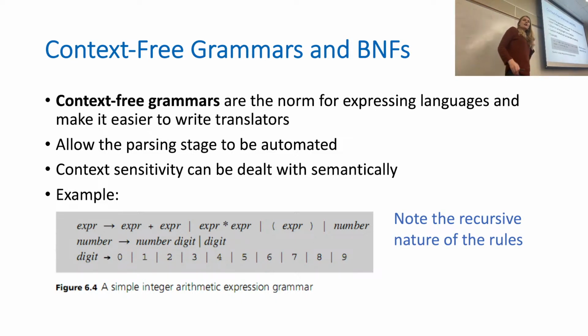Okay. So, context-free grammars are the norm, the standard, for expressing programming languages, and it makes it a lot easier to write translators, right? Because this allows the parsing stage to be automated. We'll talk more about the parsing stage in a bit. But effectively, if we have a programmatic set of grammar rules that define non-terminals and how they break down into collections of terminals and non-terminals, these are a set of rules.